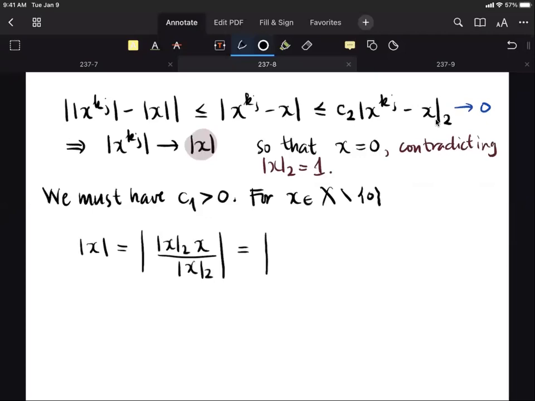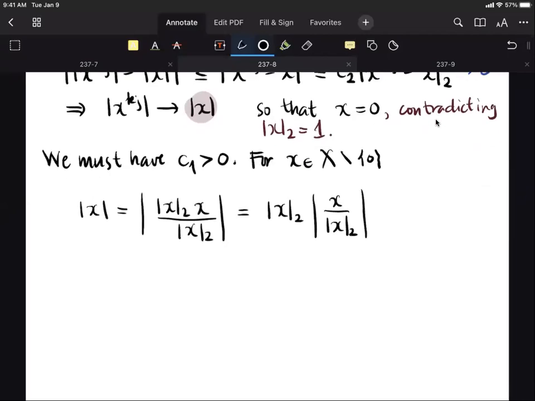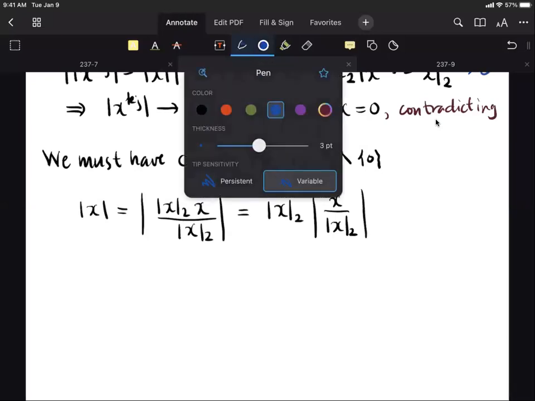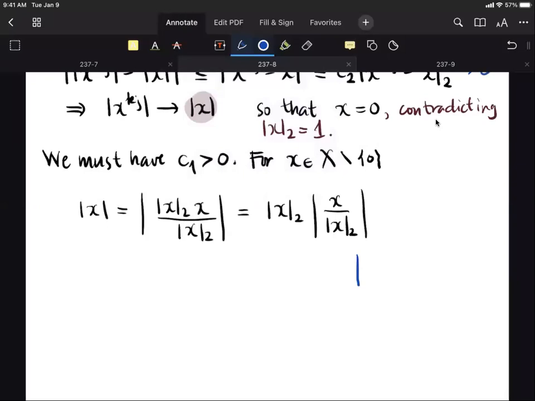Now, applying the homogeneity of your norm, you have the following. But if you look at the Euclidean norm of this, again, homogeneity implies that this is equal to 1. So therefore, this has a Euclidean norm equal to 1.